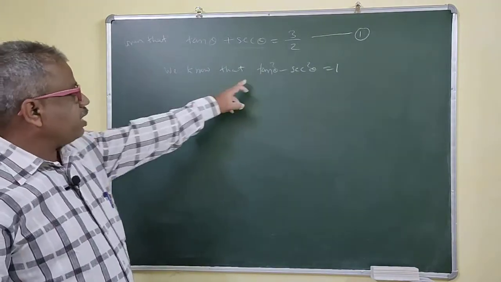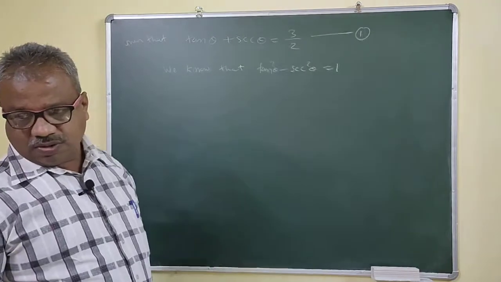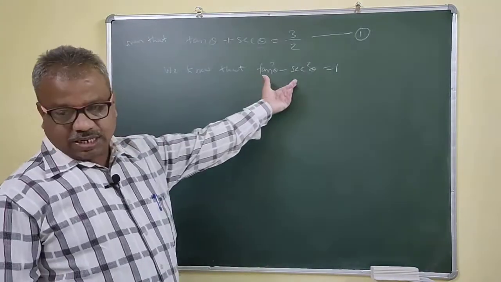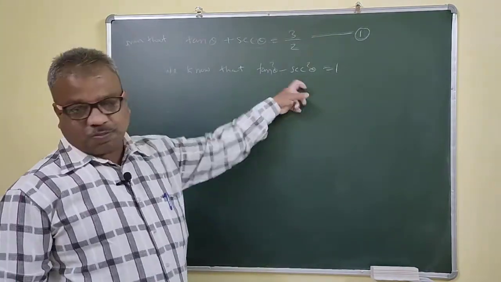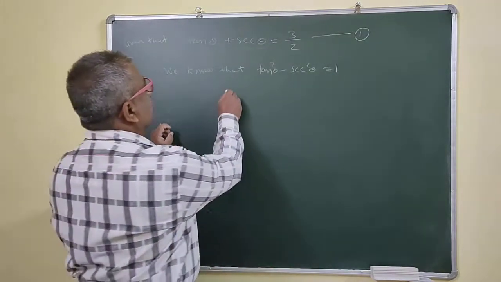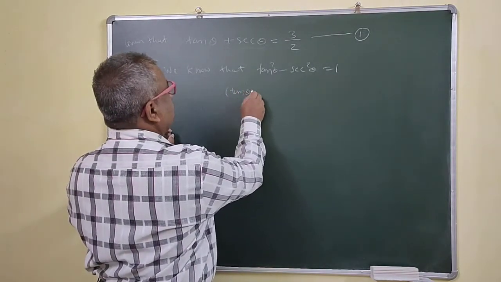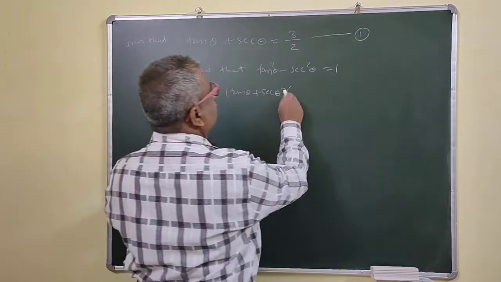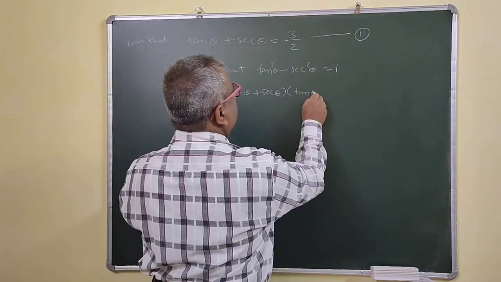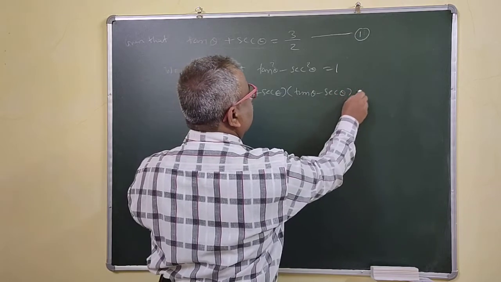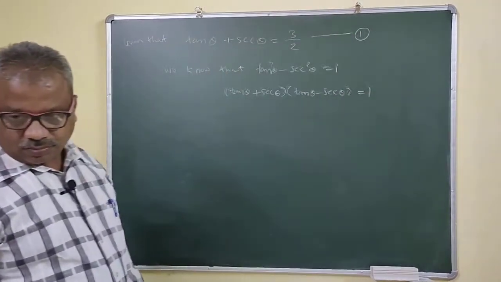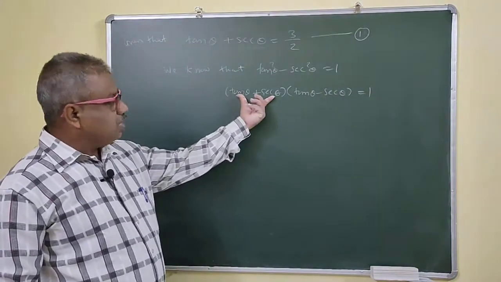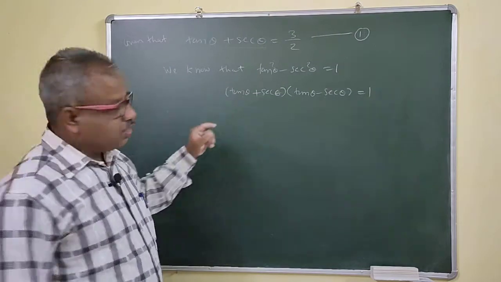Now we know that tan square theta minus sec square theta is equal to 1, with the help of the fundamental identity. Now we can expand this. So tan theta plus sec theta into tan theta minus sec theta is equal to 1. You have the value of tan theta plus sec theta, 3 by 2.